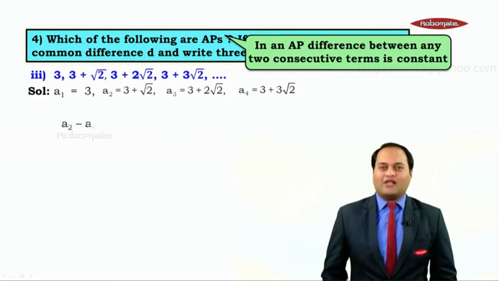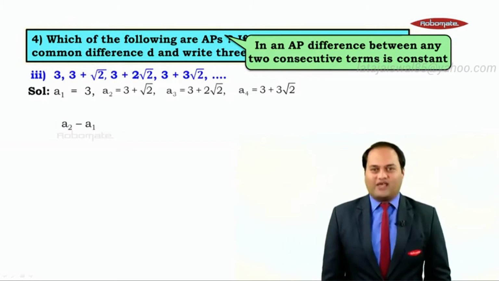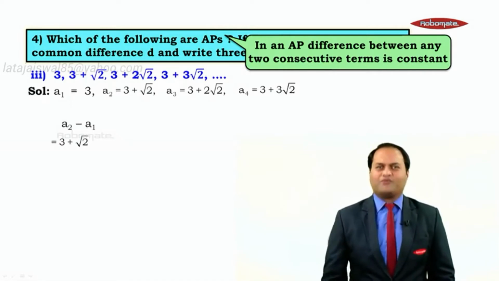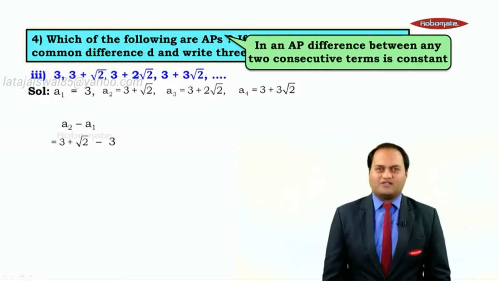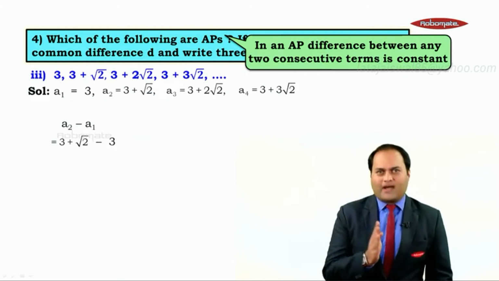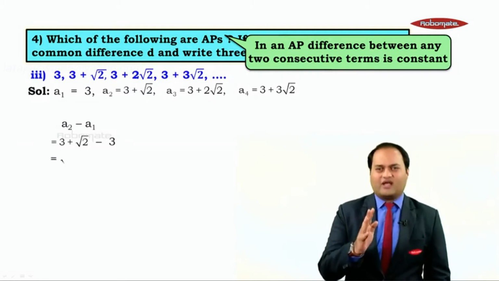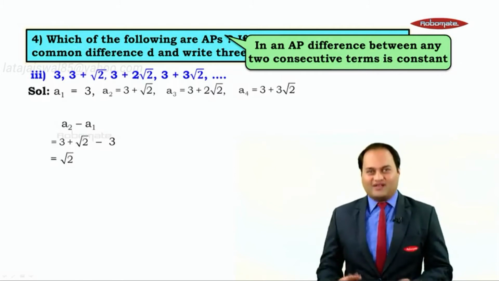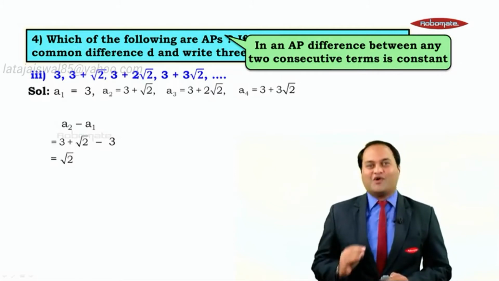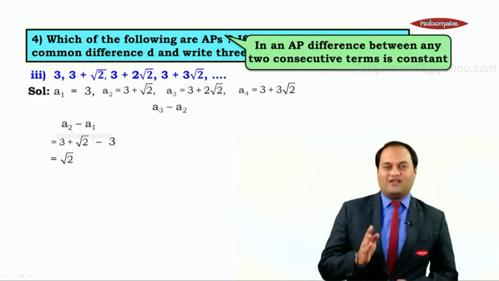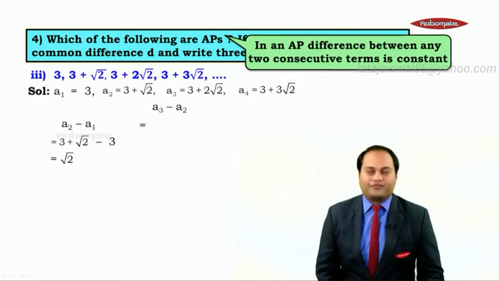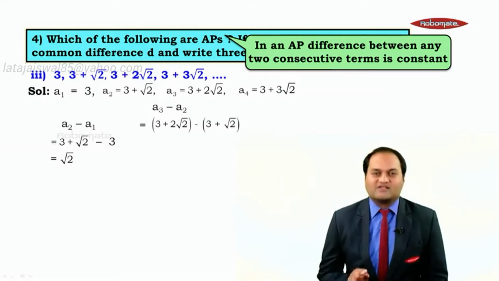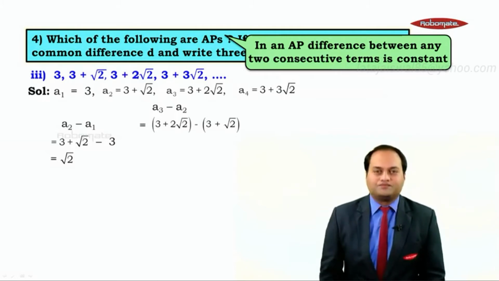Right? Let's find the difference A2 minus A1. A2 is 3 plus root 2, minus A1, which is 3. 3 minus 3 gets cancelled and what remains is root 2. Simple. Let's move on to the next thing. What's the next thing? A3 minus A2. 3 plus 2 root 2 minus 3 plus root 2.